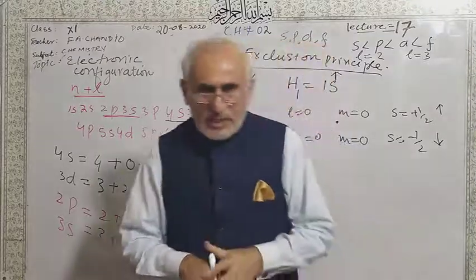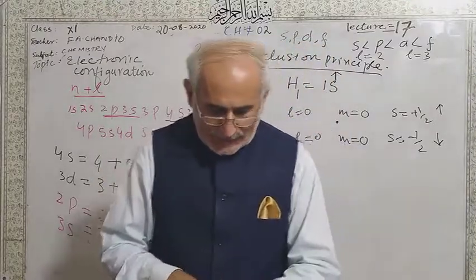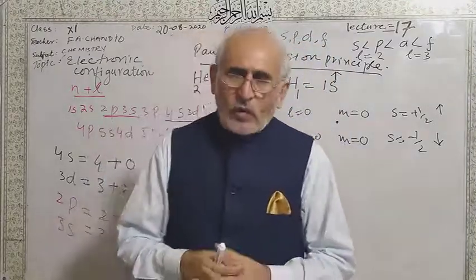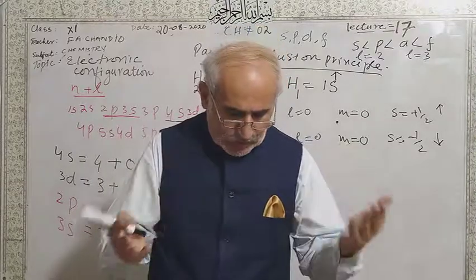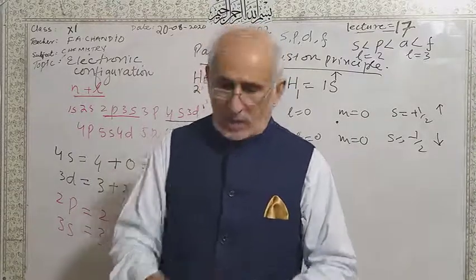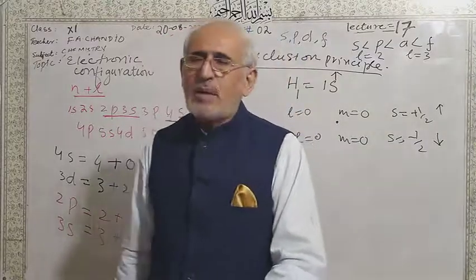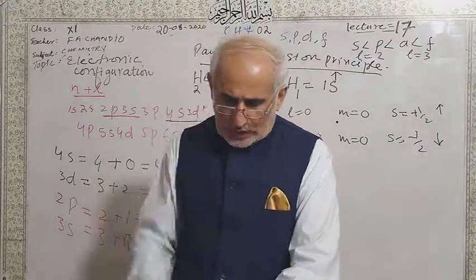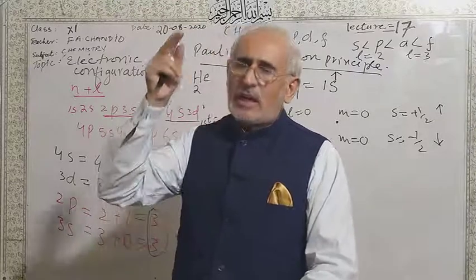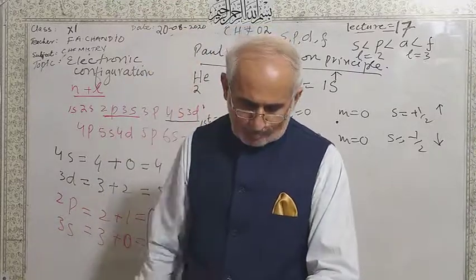No two electrons in the same orbital can have the same values for the four quantum numbers, as I told you in the example. So this orbital has a maximum of 2 electrons with opposite spin.